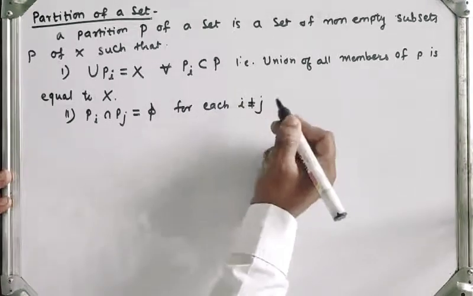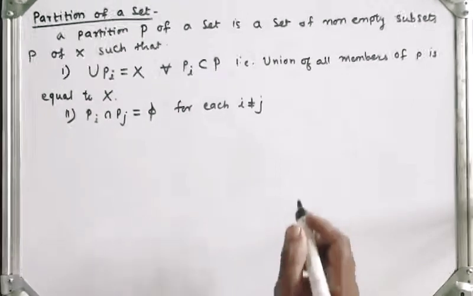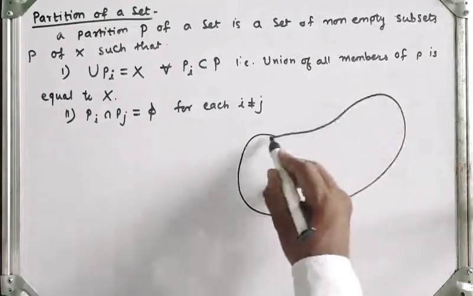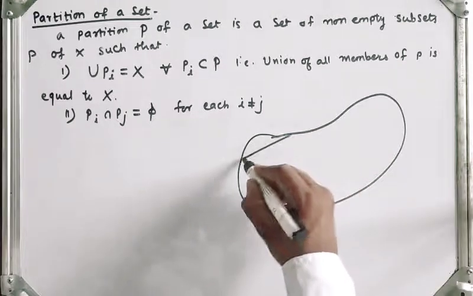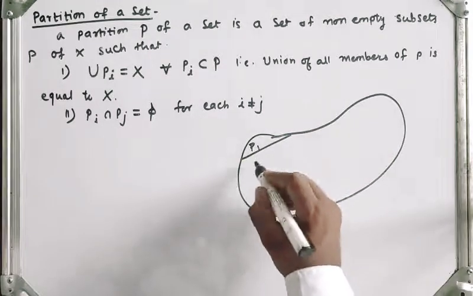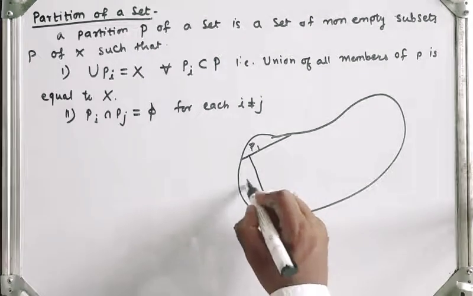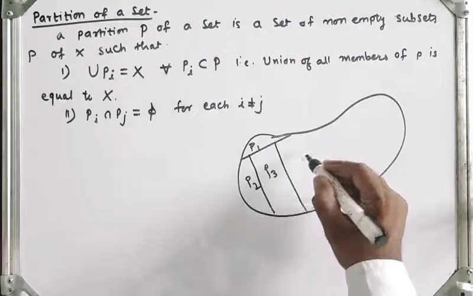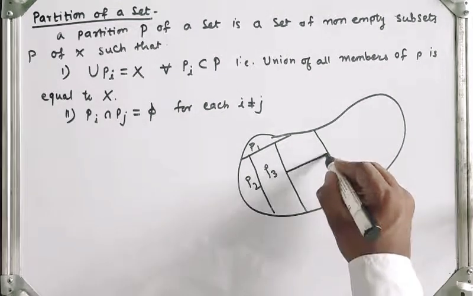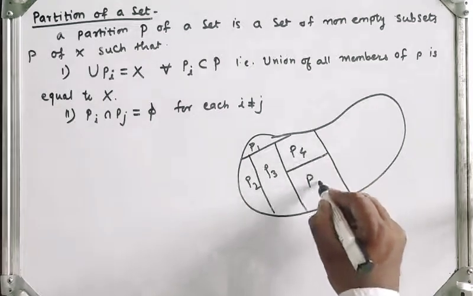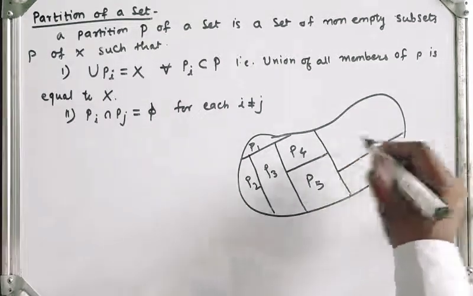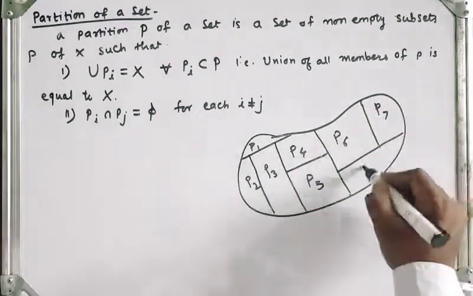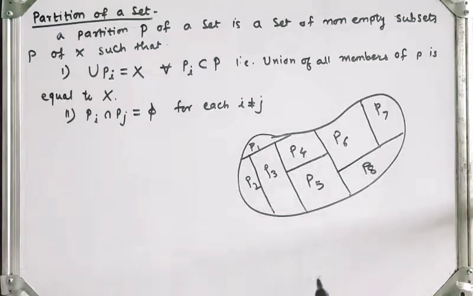for each i not equal to j. So from the Venn diagram, suppose this is the set, this is P1, this is P2, this is P3, this is P4, this is P5, this is P6, this is P7 and P8.